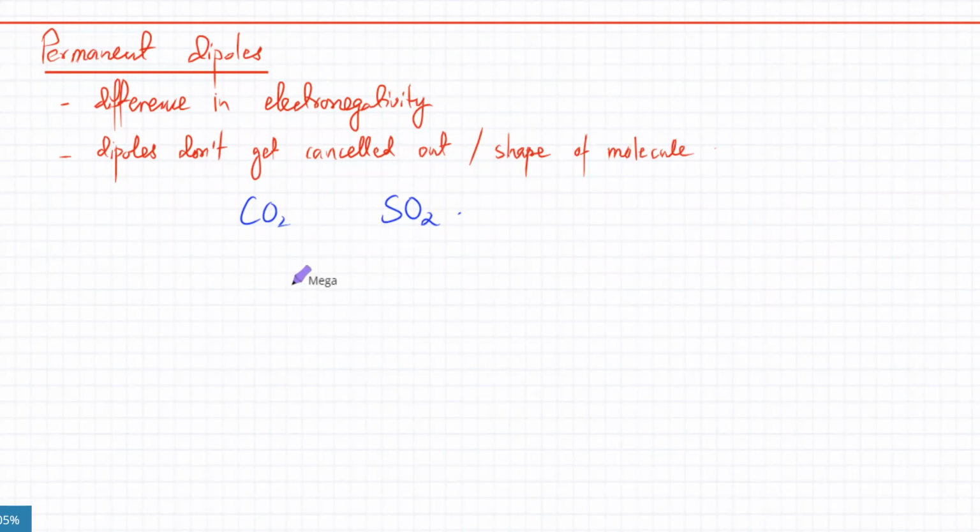Both of them have an atom in the middle forming double bonds on both sides with oxygen. So that's a CO2 molecule and that's an SO2 molecule. Kind of the same thing.